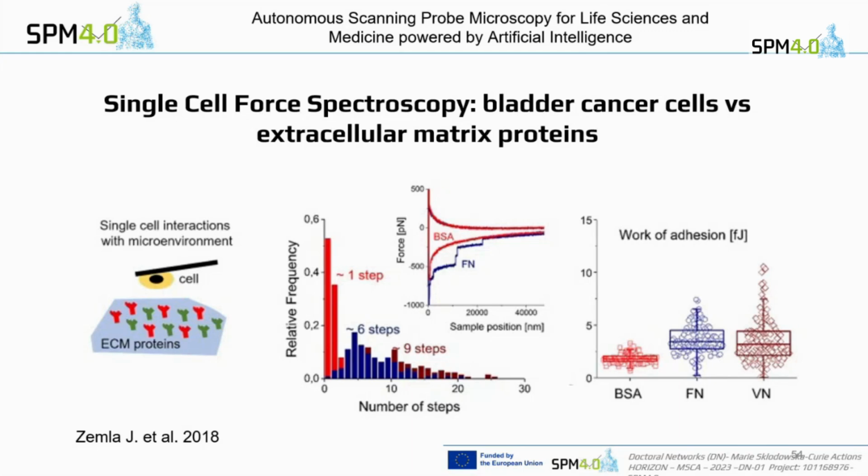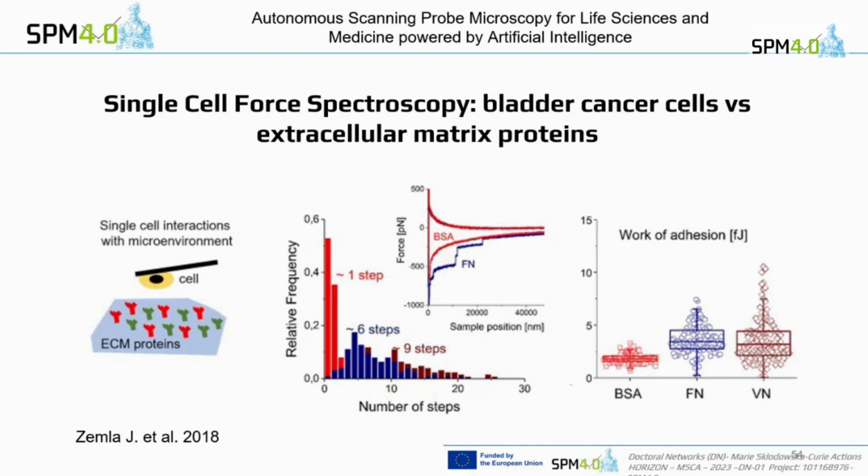So in time, complex by complex, they begin to rupture until we see the final rupture of the last complex between the cell and the substrate. So this is just an example for different extracellular matrix proteins.